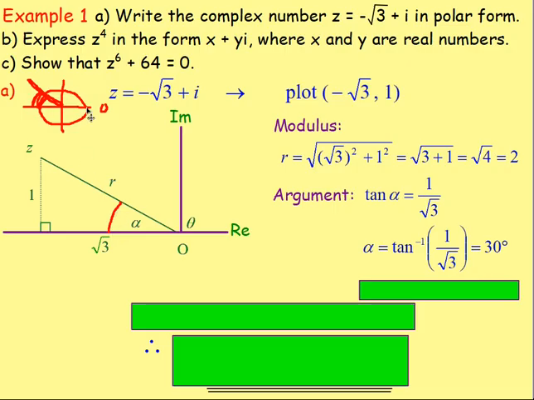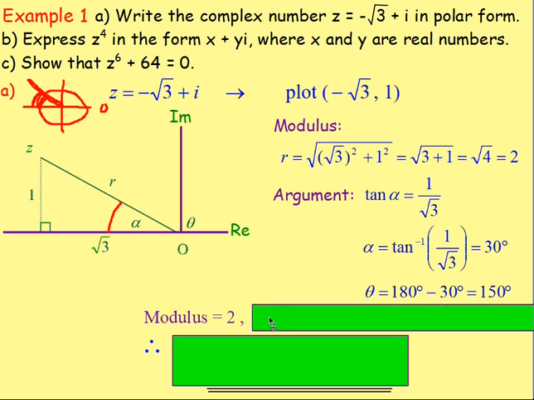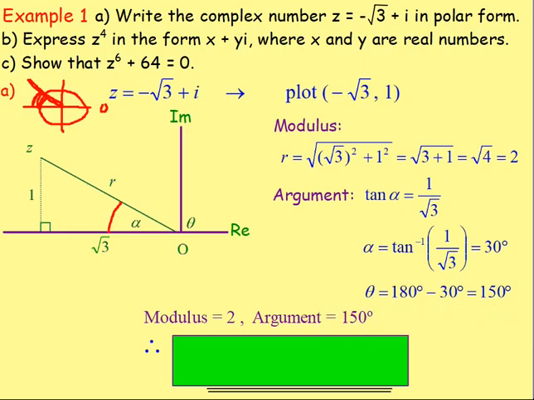So how far would it be from the 0 round to that line? Well, you're just doing 180 take away 30, which gives you 150 degrees, which is what you expect because you know you're going to be between 90 and 180. Therefore, we can say the modulus is 2, and the argument is 150 degrees.